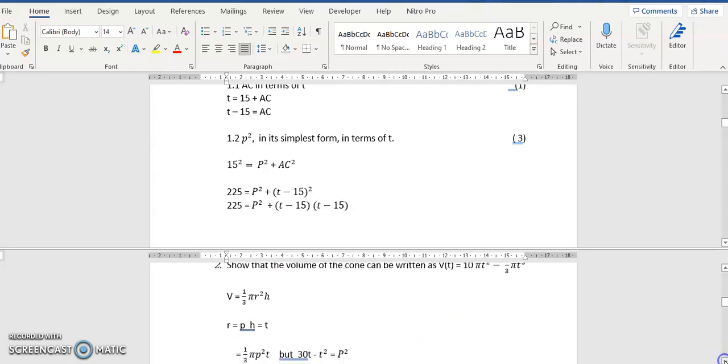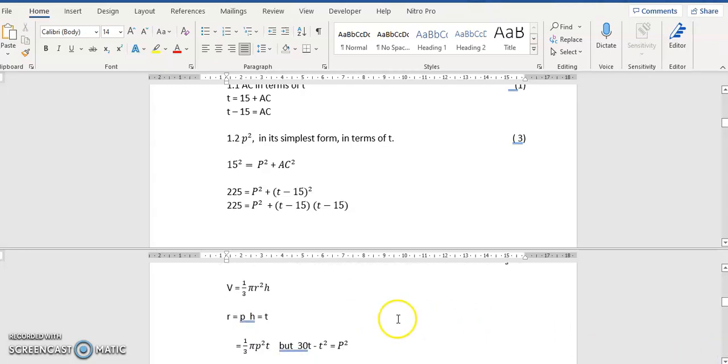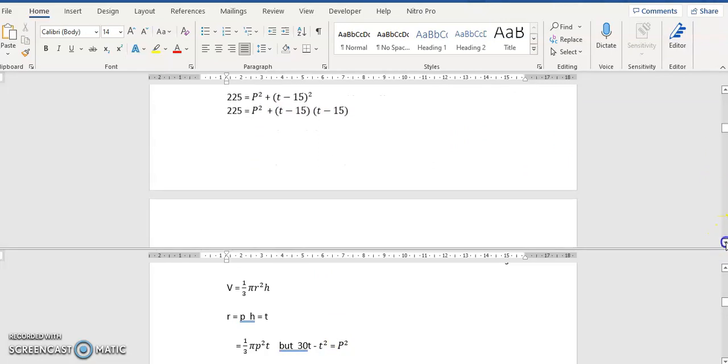So here we are going to substitute. This is 1 over 3 pi. Instead of writing r, we are going to write what? P squared. Then instead of writing h, we are going to write t. But we know that 30t minus t squared is equal to p squared. The one we just calculated, the one we just found, this one.